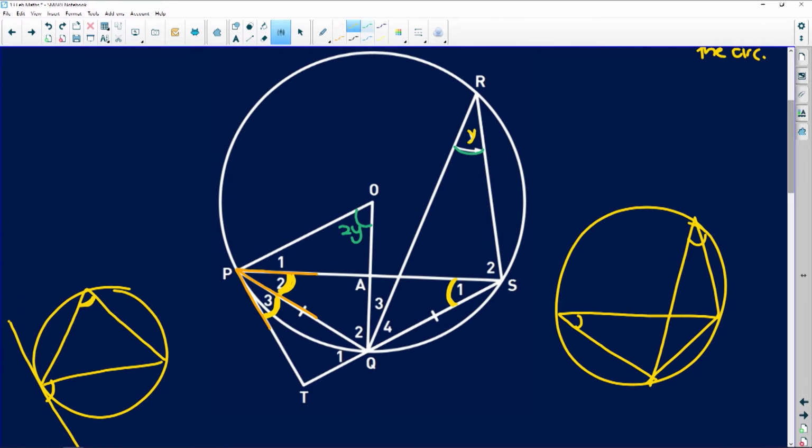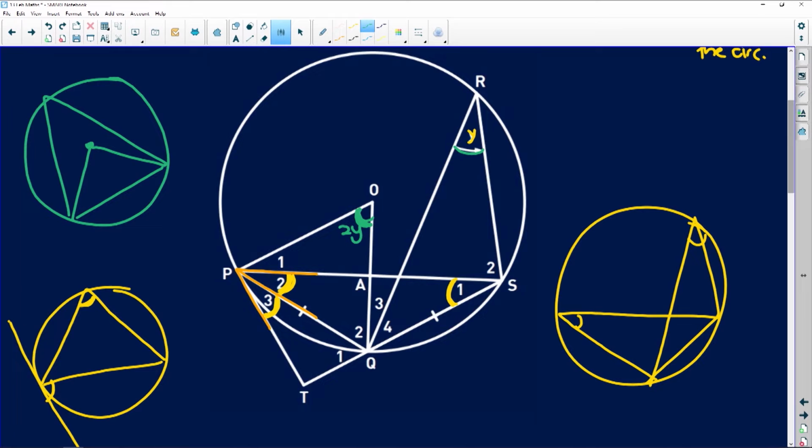POQ. Where is POQ? We've already found it. It is this angle at the center. Guys, I didn't quite go into that. Remember, if you have a chord that subtends an angle at the center, and then it subtends another angle at the circumference, this angle is 2 times as large as that angle.